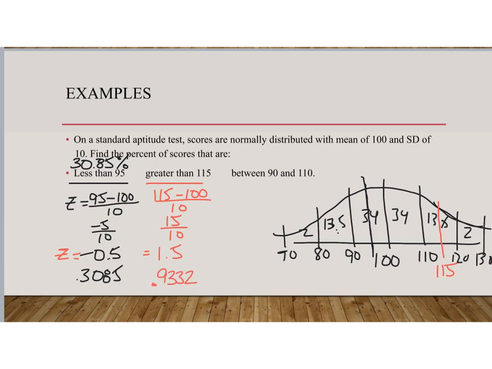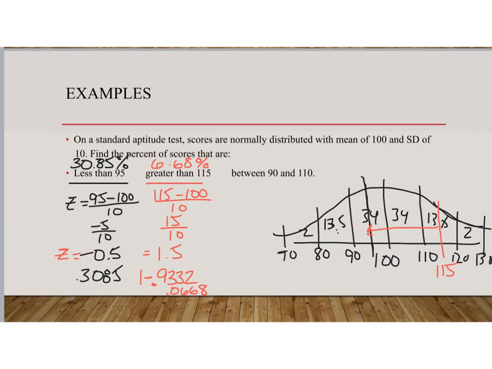That would be what's less than that. So what's greater than that would be 1 minus that, which ends up being about 0.0668, which would be about 6.68%.